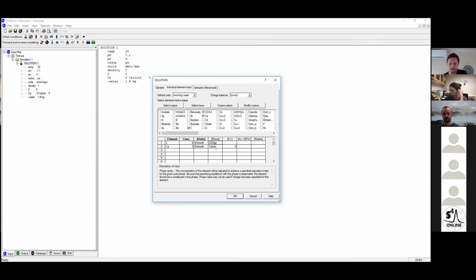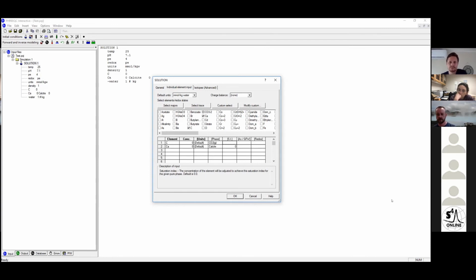As you type into this cell, the drop-down menu starts to eliminate possibilities. If I just typed a C, it's going to give me everything that has C in it, right? But if I go CO, then it's eliminated a whole bunch of options: CO2 gas, right?